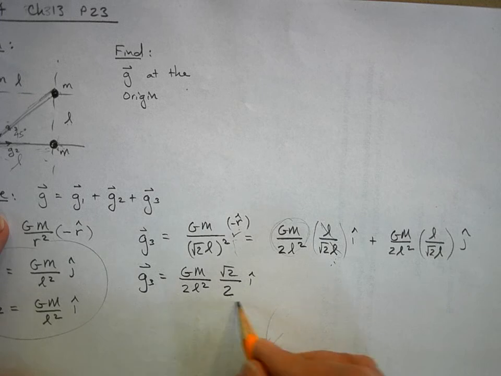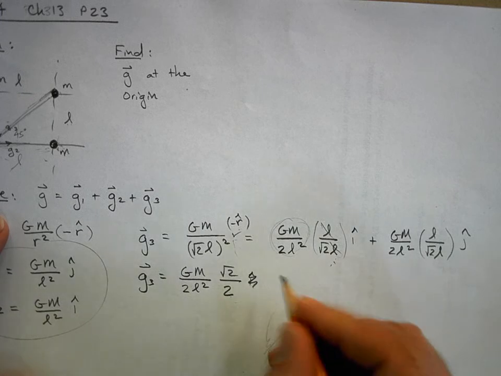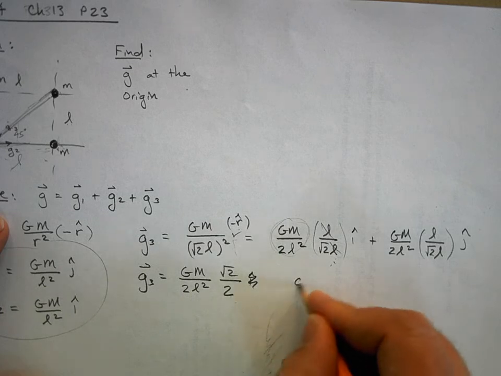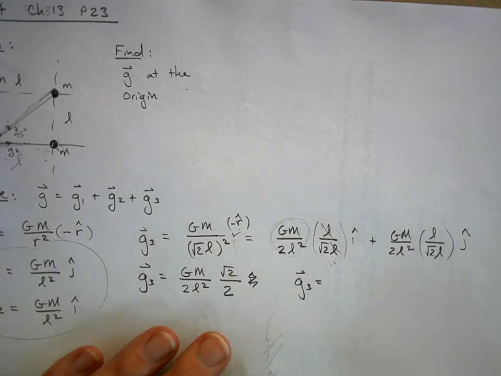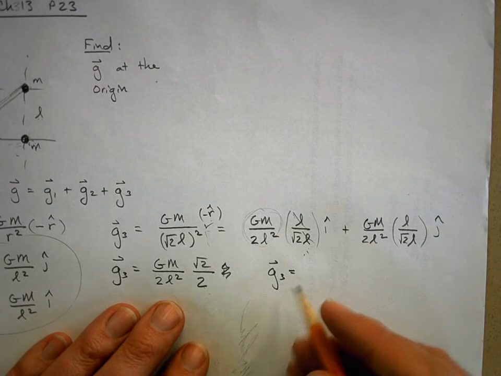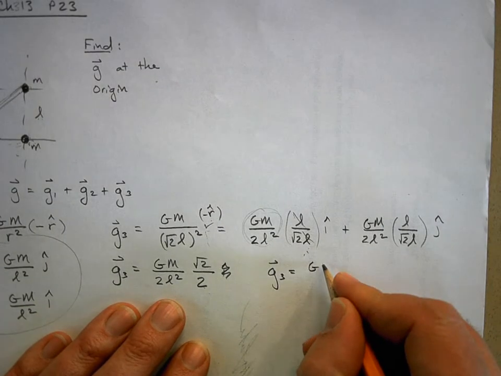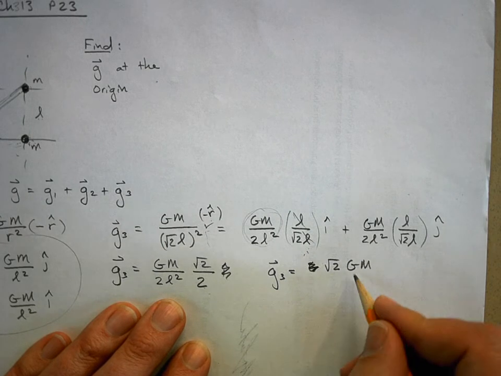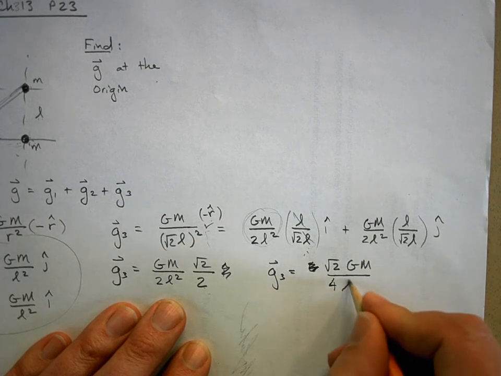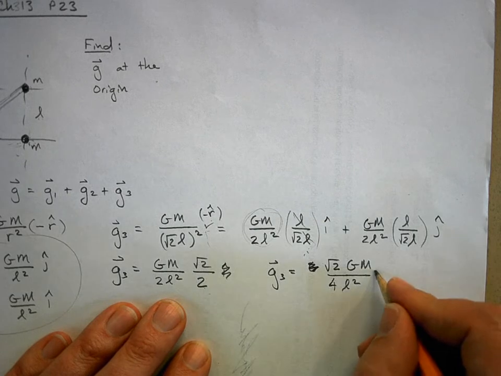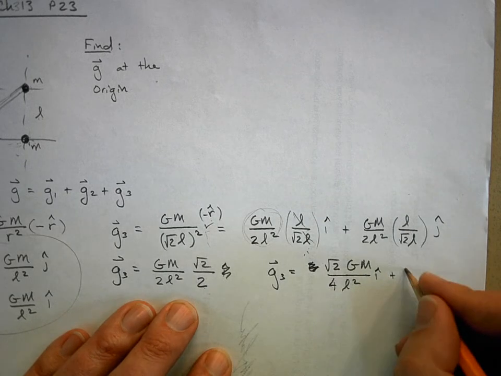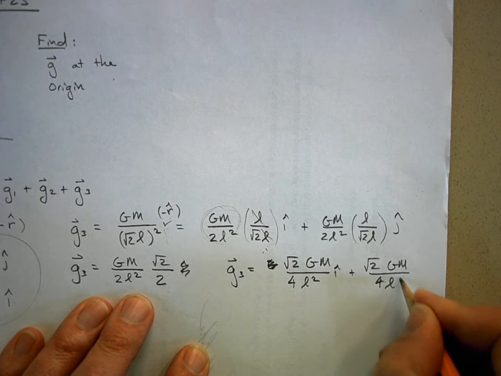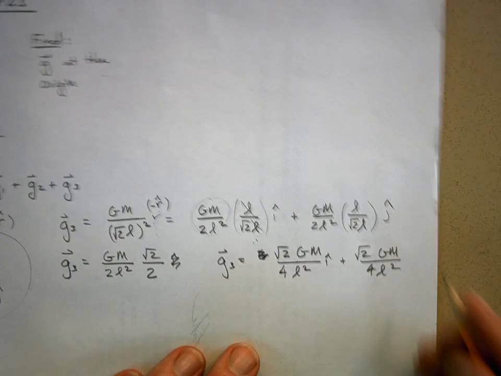And then we can clean that up, make that a 4. So G3 is equal to root 2 Gm over 4L squared in the I hat direction plus the same thing, root 2 Gm over 4L squared in the J hat direction.